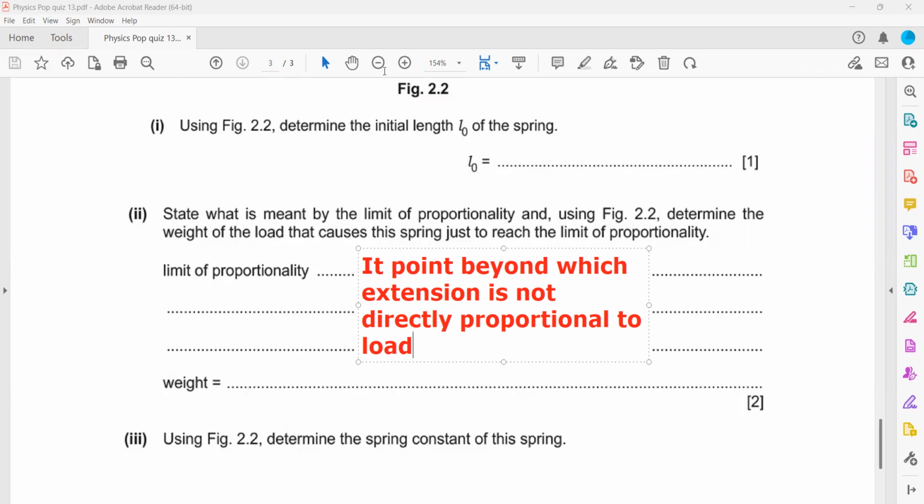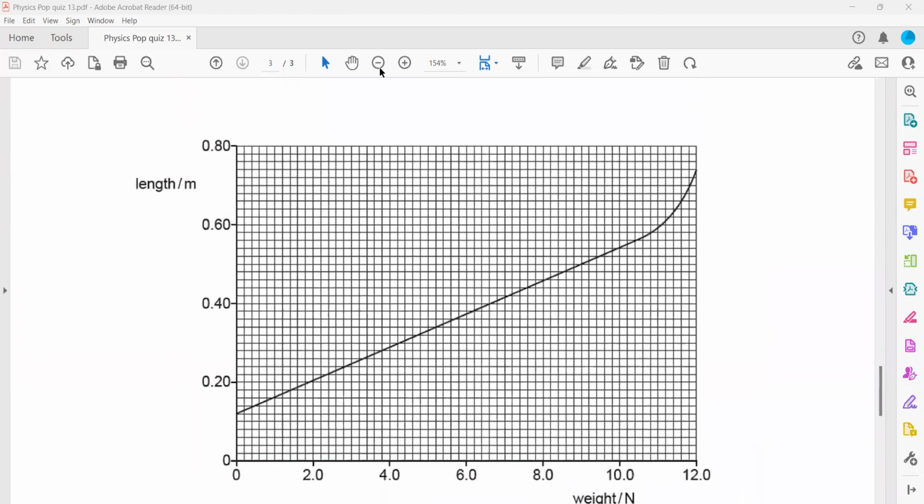And how can we find the load at which extension and load are no longer directly proportional? It is the last point where the line is straight. It appears that this is a point where the line is straight. After this point, it gets curved. So this is the limit of proportionality.